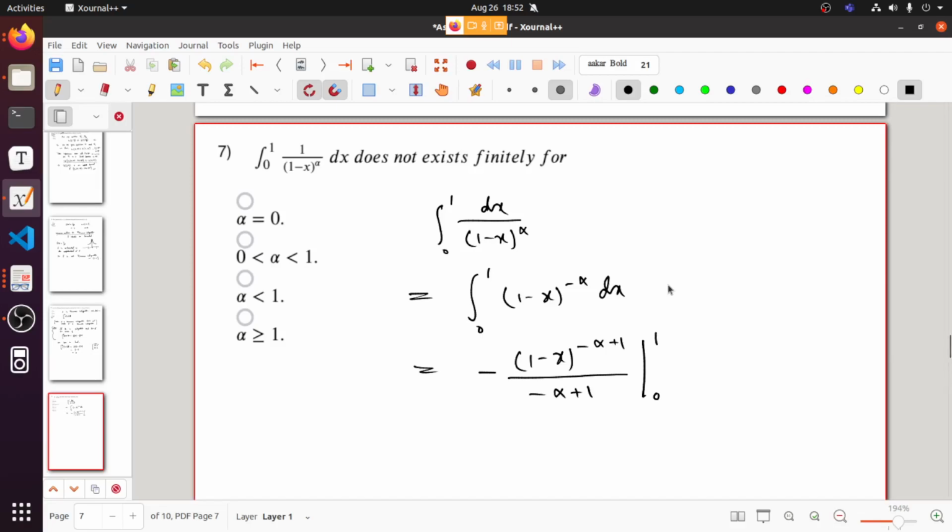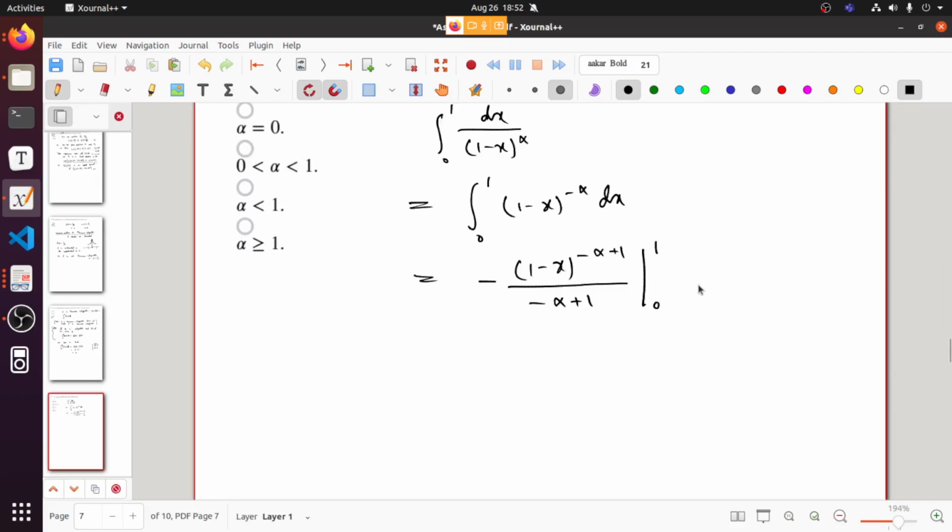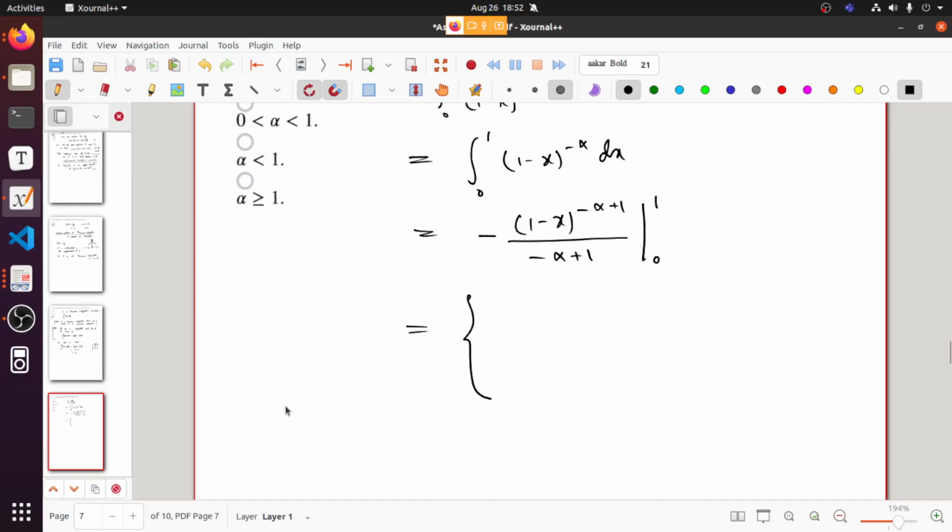Now two cases will arise. If alpha equals 1, then it is not defined, because the denominator will be undefined. So alpha cannot be 1. So what happens if alpha is less than 1?